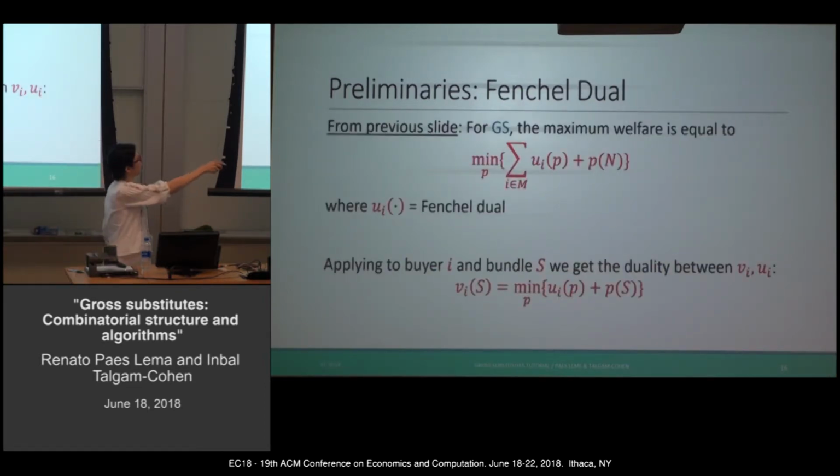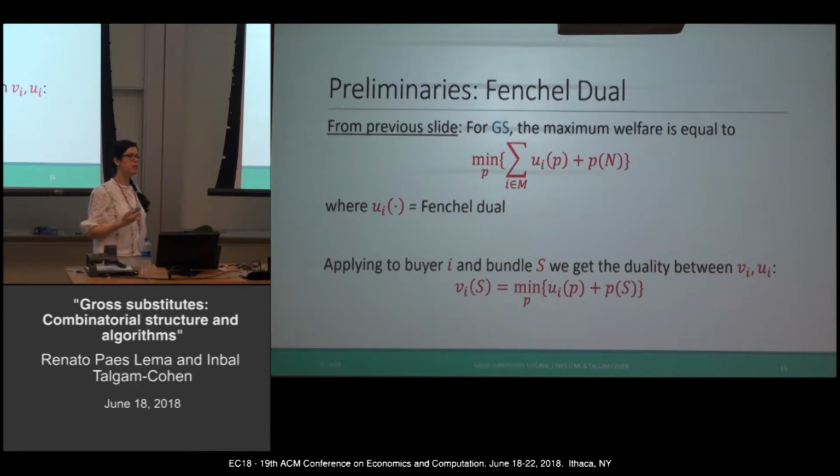So I've copied what we saw on the previous slide, and we know that for GS we have an integrality gap of 1 of the configuration LP. So welfare maximization is exactly what we had on the previous slide, minimizing over the prices. And now notice that this holds for any market.